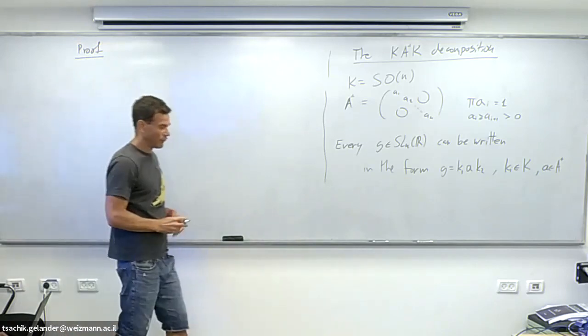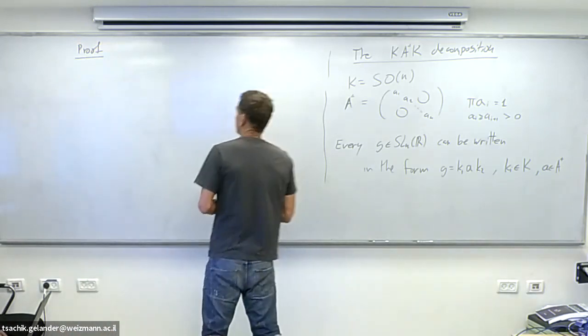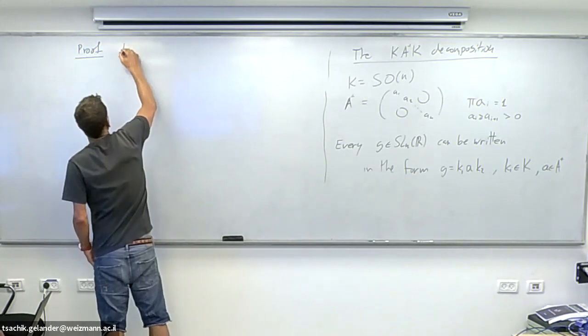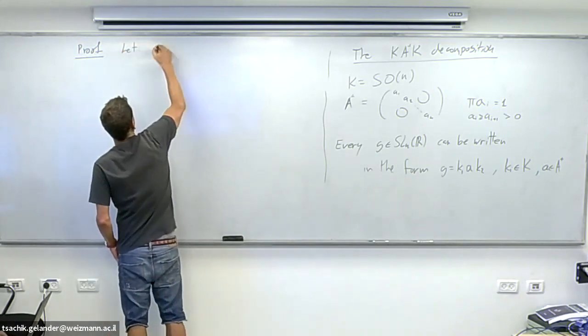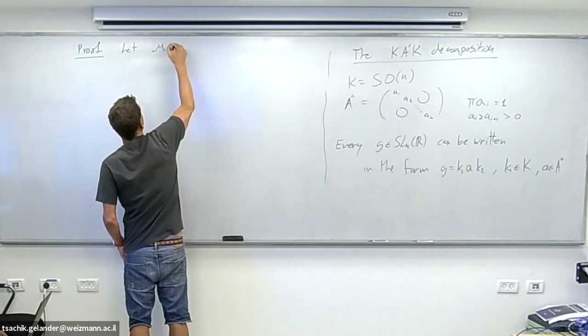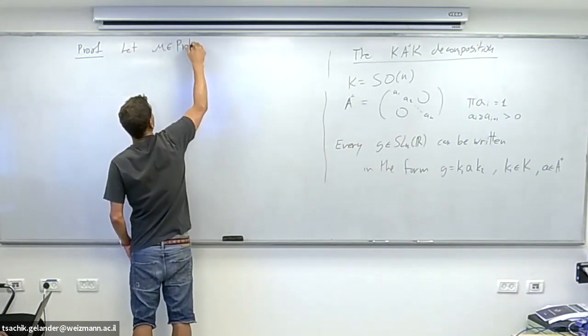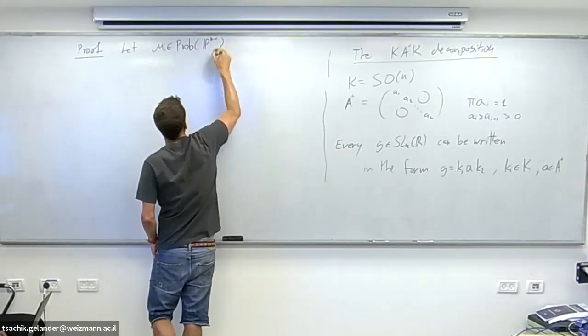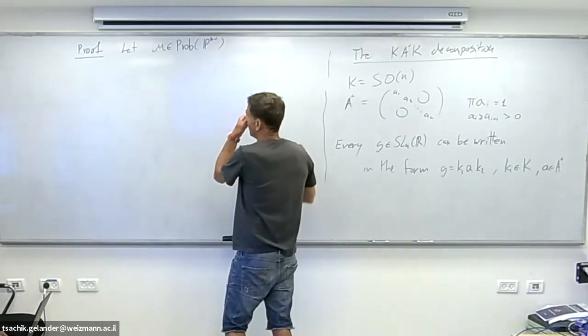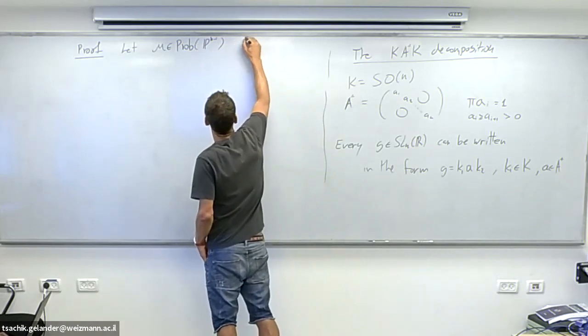I want to be sketchy, but let mu be a probability measure on the projective space, which is H invariant.